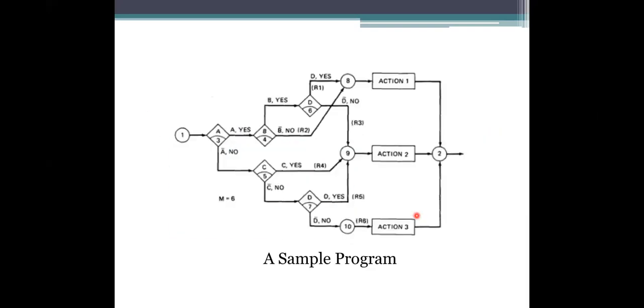This program has the achievement of the rules. By passing through that path, we reach action one and we cover rule one also. To achieve action one, how many rules do I have to cover? I have to cover rule 1 and rule 2.